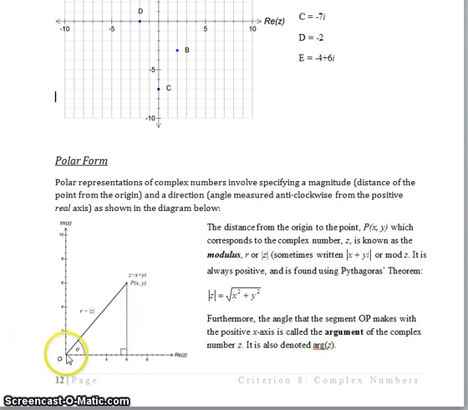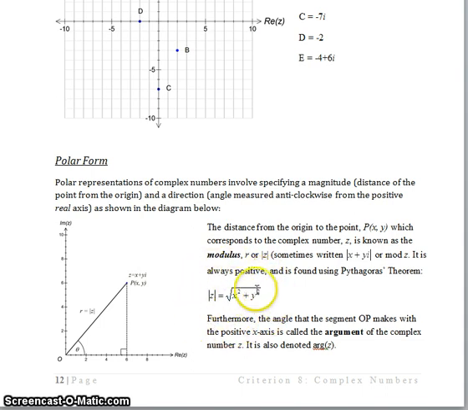And so if we want to find the length of this line from the origin to the point that corresponds to a complex number, then we just use Pythagoras' theorem of the square root of x squared plus y squared. And that's shown here, written here as this formula.